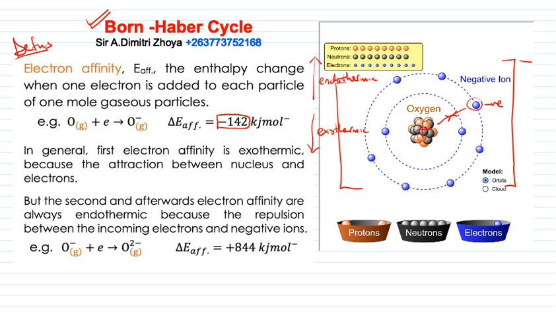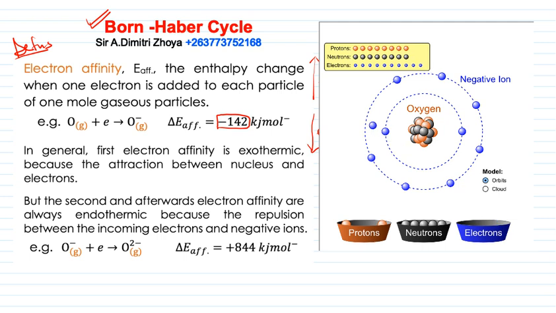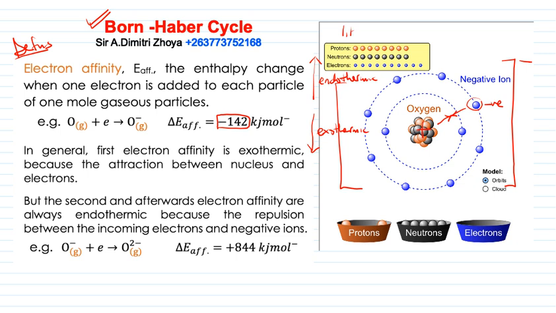But what happens when you add the second electron? Now, by adding the second electron, because we are adding an electron to a species which already has a negative charge, remember the rule, like charges repel.